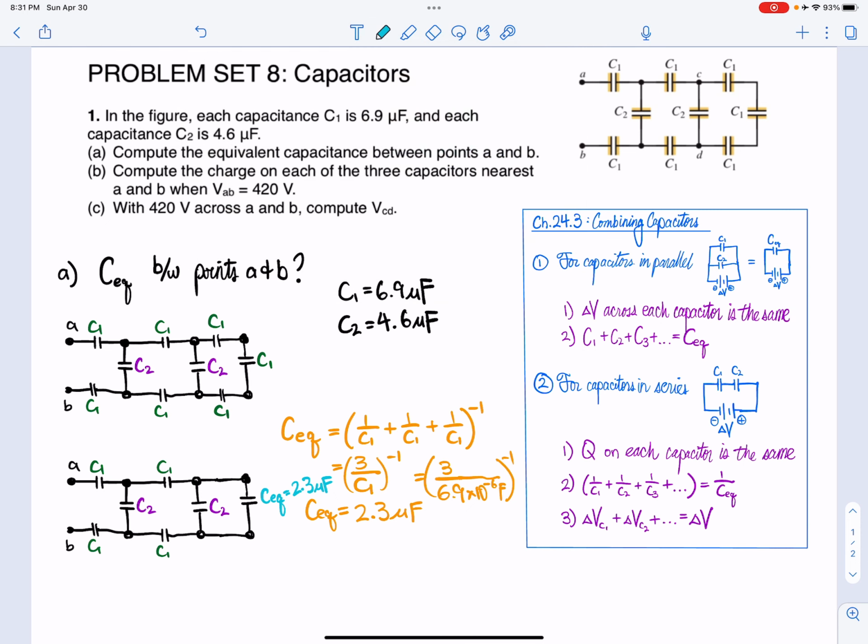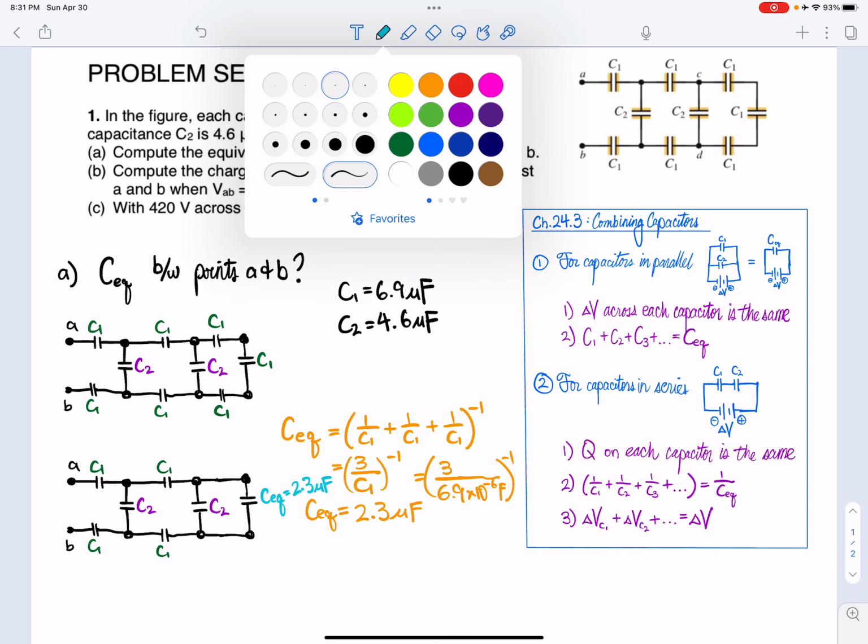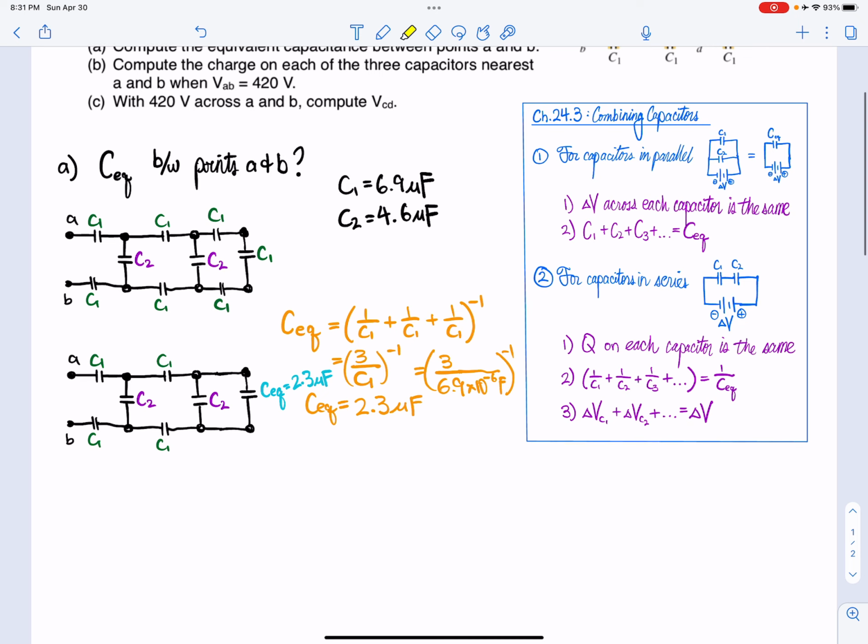Next thing I have to do now is I have two capacitors in parallel, and I'm going to put them together. According to chapter 24.3, for capacitors in parallel, I just need to sum up the capacitance across each capacitor, and that'll equal my equivalent capacitance.